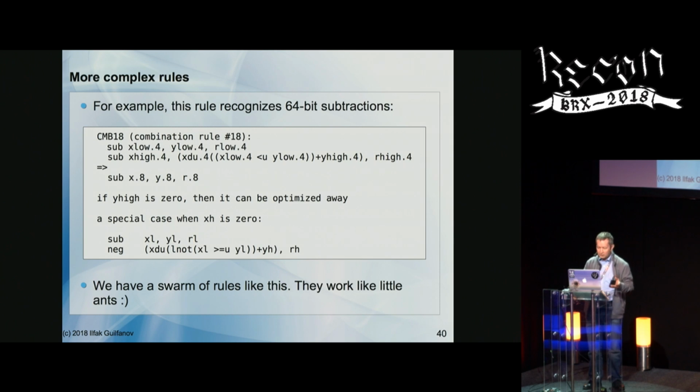And it has some conditions saying that the y high, which means the high part of the y operand, is 0, then this can be optimized away. Otherwise, there are some special cases, and so on, so on, so on. We have literally hundreds of rules like that. Everything hard-coded in C++. And they work like small little ants, where every ant does its job and finally, at the end, we have nice output. That's how it works.